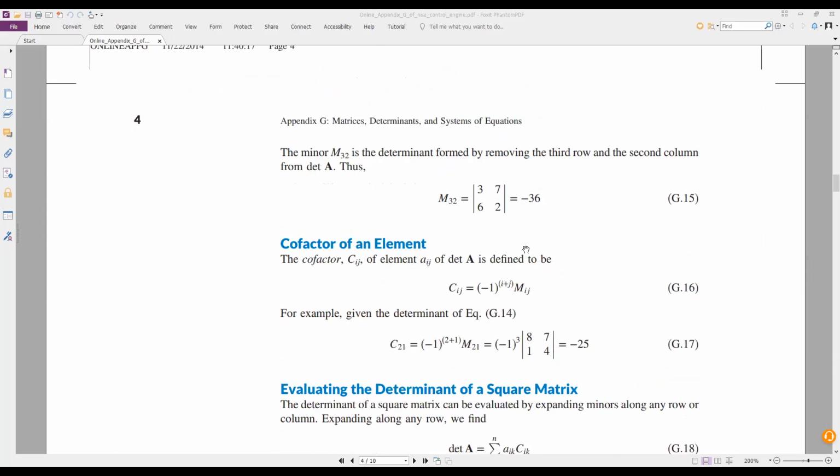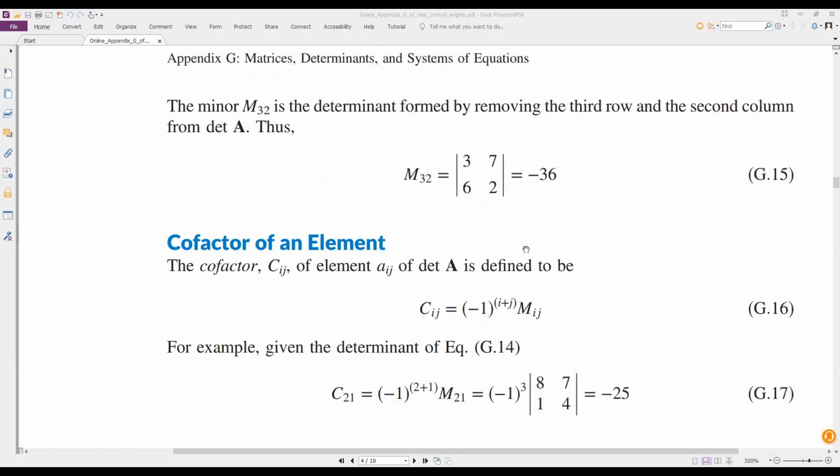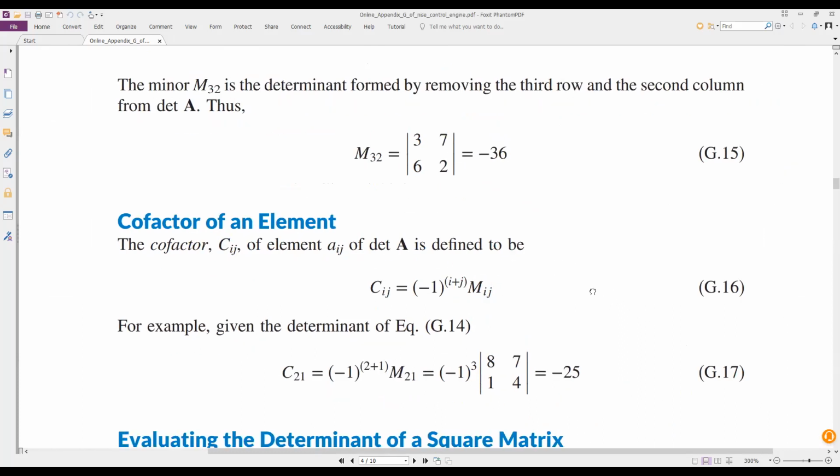And cofactor, another one. Cofactor, you would also need this. Cofactor Cij of element Aij of determinant A is defined to be, that is the cofactor formula, minus 1 to the power i plus j times Mij. So if it is 3, 2, then minus 1 to the power 3 plus 2, that means 5. So minus 1 will remain. M32 is minus 36.